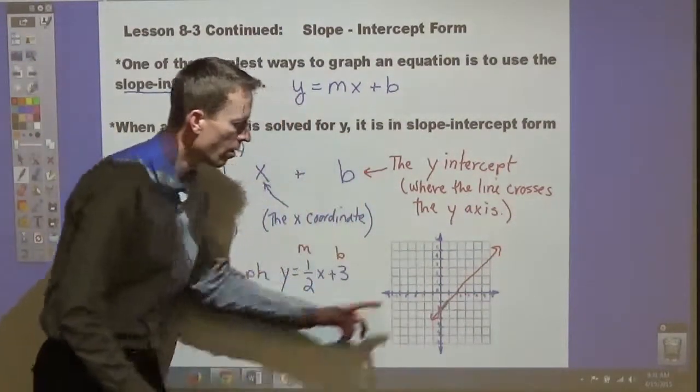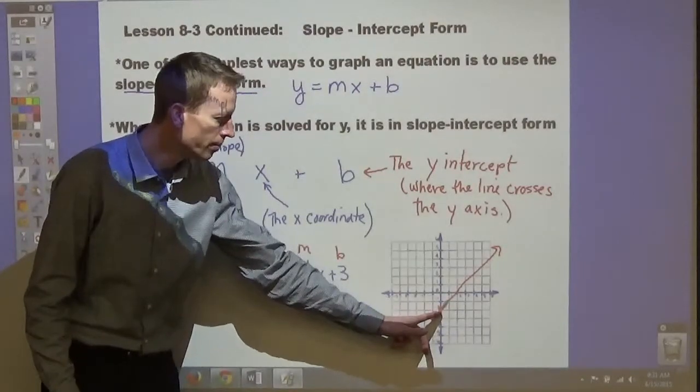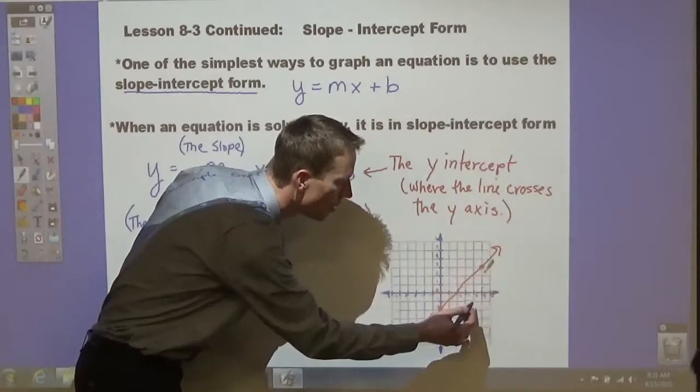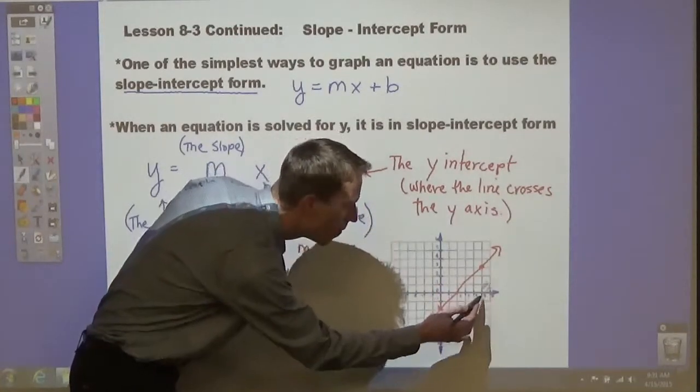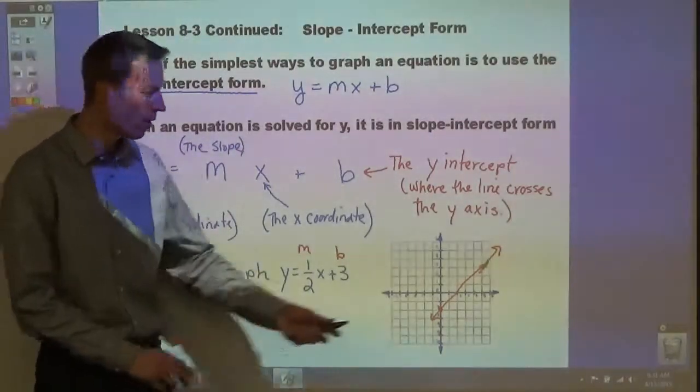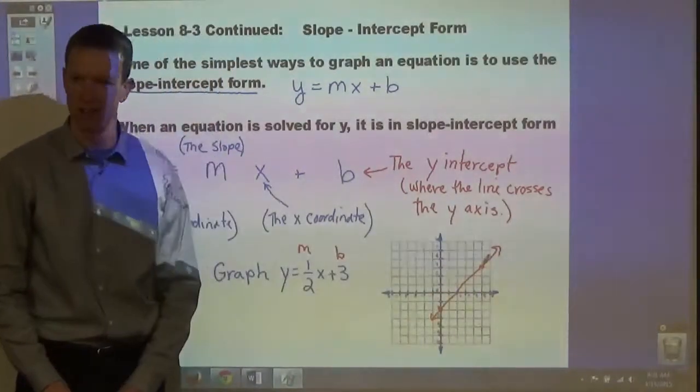It crosses a corner at -2, and this one that I drew crosses a corner at 5,3. So I marked those spots on the line.